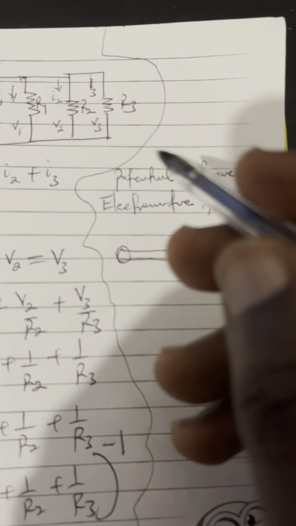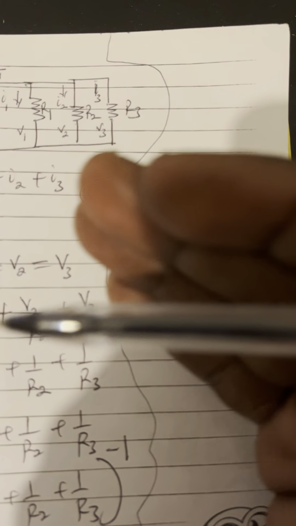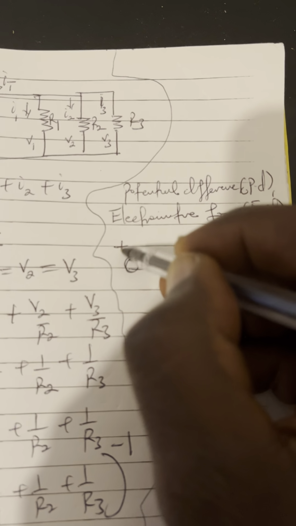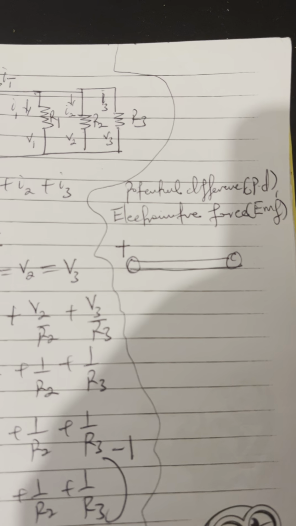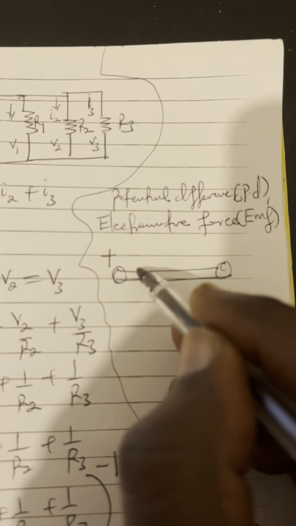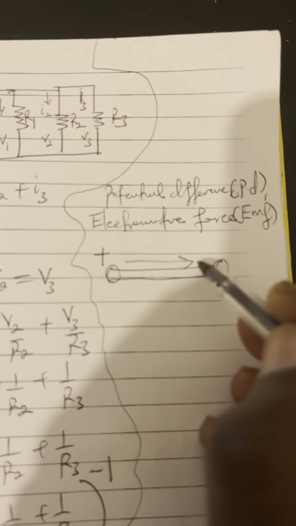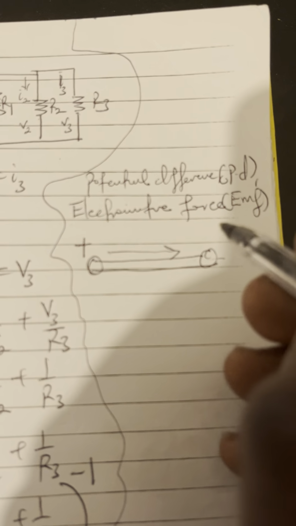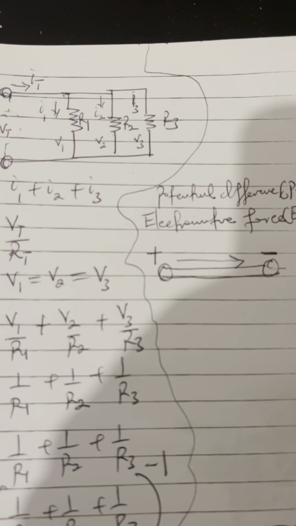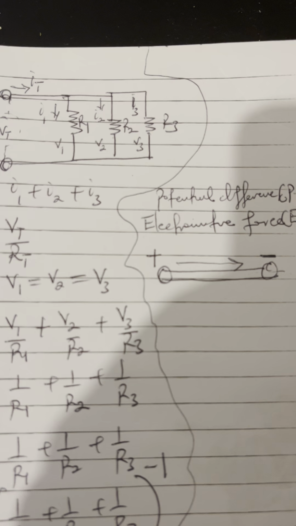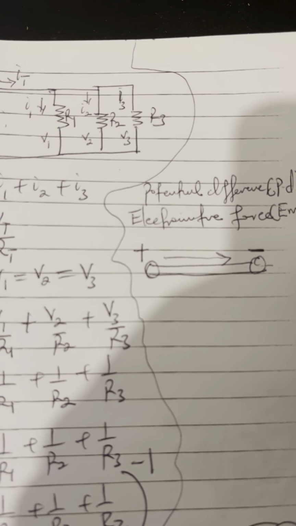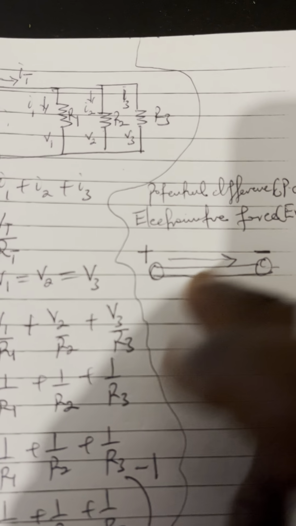That place where the liquid comes from is known as a place of higher potential. We call it positive. And where the liquid is going, where it ends, is called the place of lower potential. They call it the negative terminal. So when you talk about potential difference, you talk about 2 points.